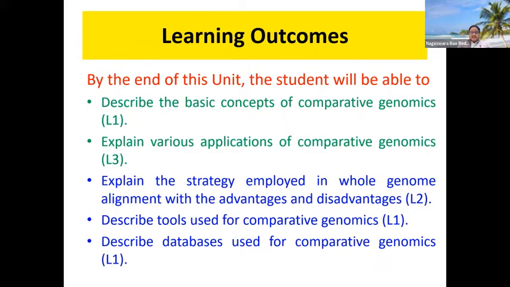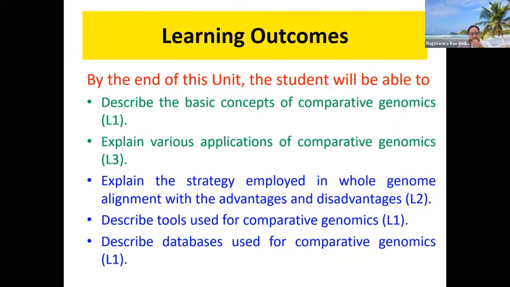We have several categories of tools available for comparing. You say you want to compare genomes, but where do you get these genomes? These genomes are deposited in databases, and these databases are available to us.